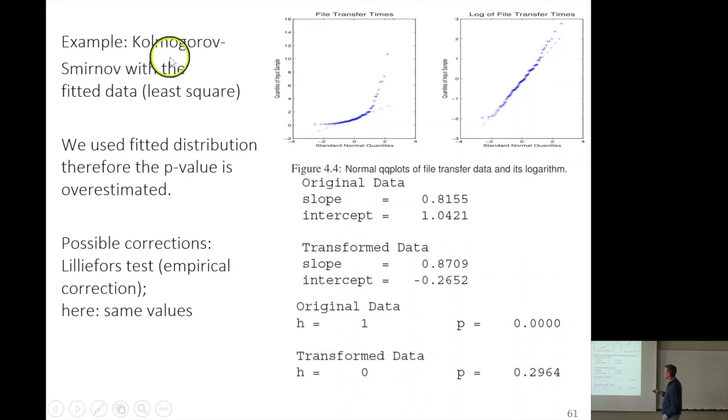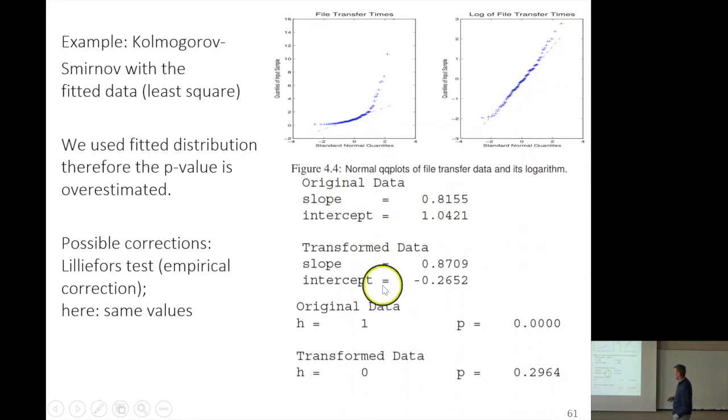So let's do the Kolmogorov-Smirnov test with the fitted data. Here I'm cheating, I'm doing it with the fitted data. So I have here two distributions where I'm asking, are they Gaussian? So I use the least square red line, and I do the Kolmogorov-Smirnov test to declare whether they are Gaussian or not.